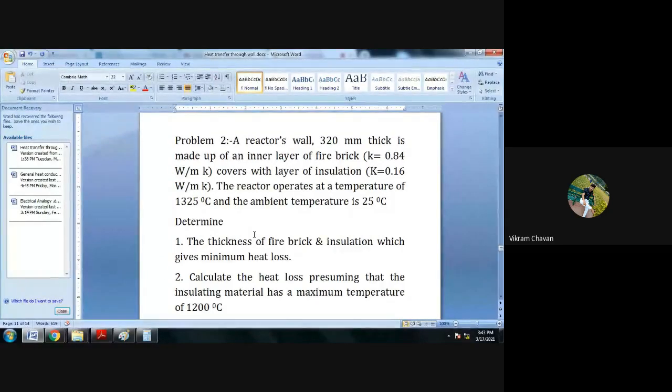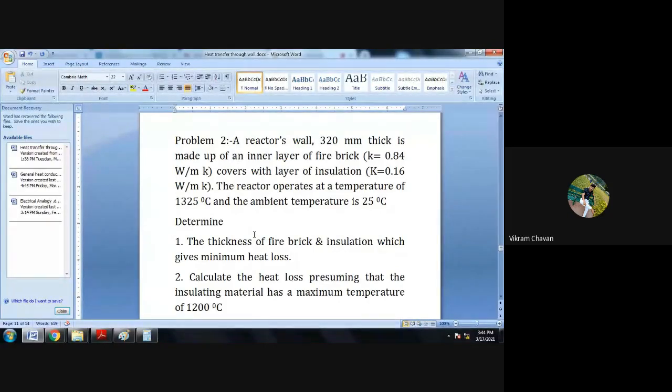Presuming, or pre-assuming, that the insulating material has a maximum temperature of 1200 degrees Celsius.